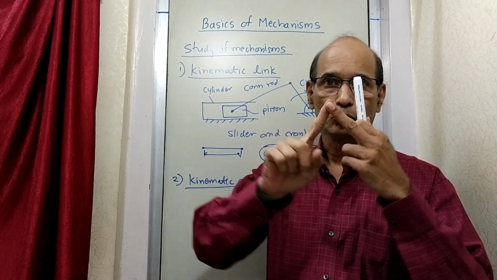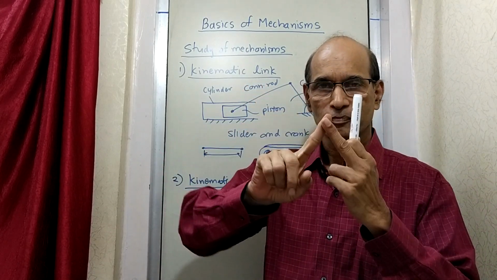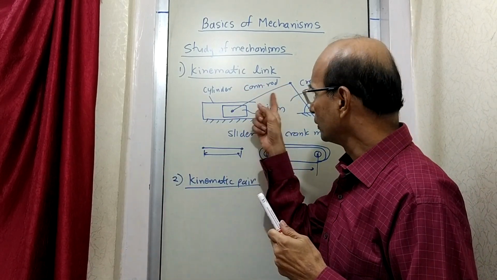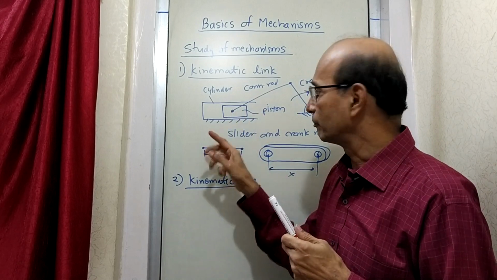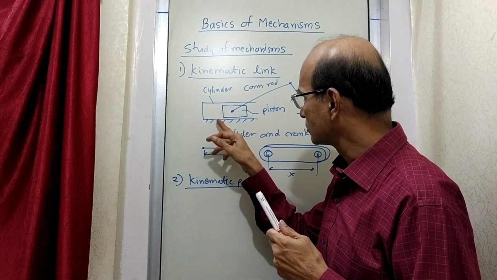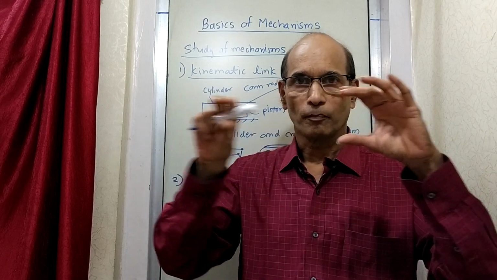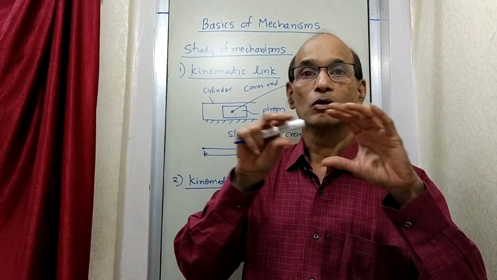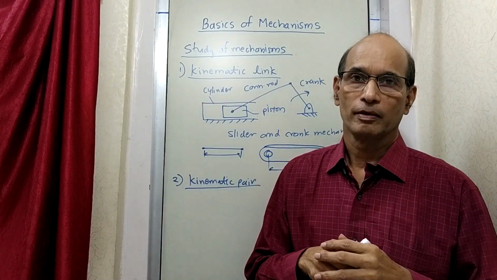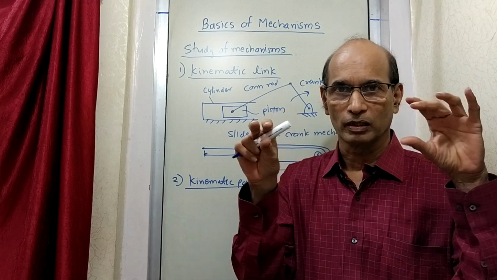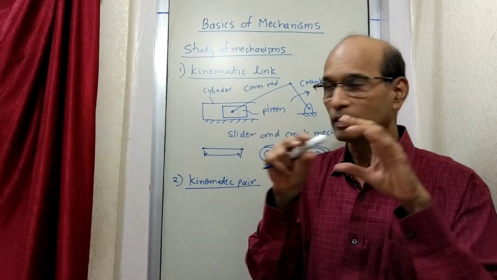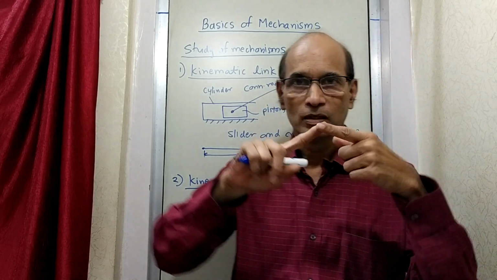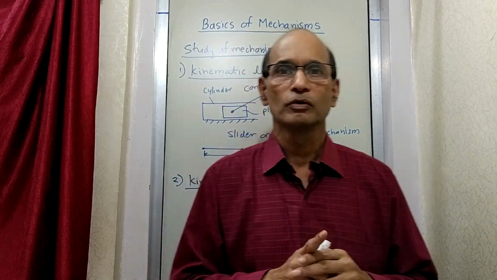That means the two links are having motion like this. So this is a kinematic pair. You can see this piston is moving inside a cylinder, which also becomes a kinematic pair, because one link is moving with respect to another link. Here it is a sliding motion, here it is a rotary motion, but it is a relative motion, so it is a pair.